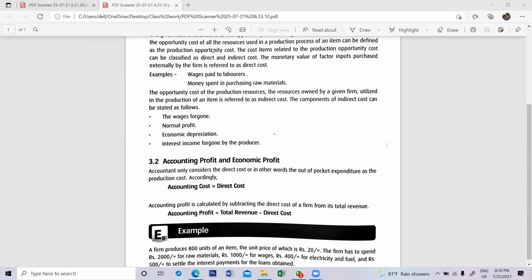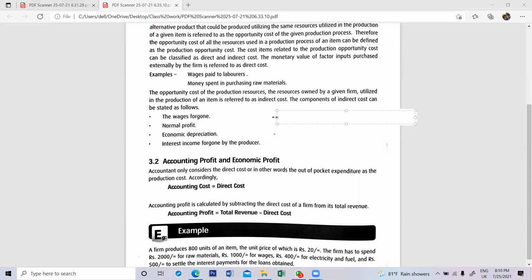But economic profit means total revenue minus direct cost as well as indirect cost.